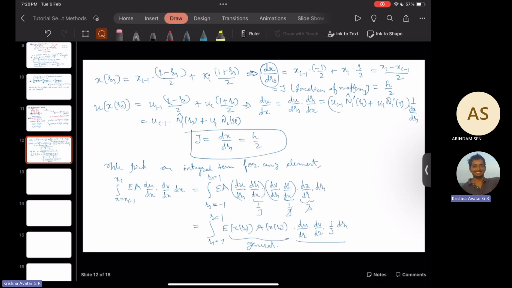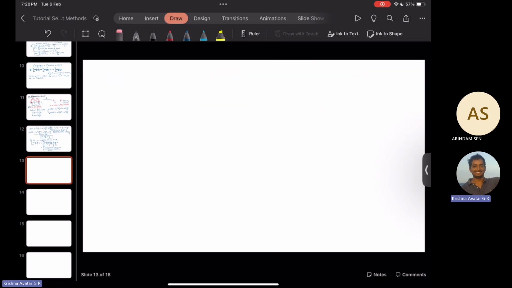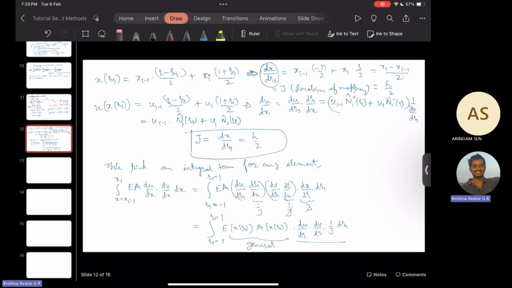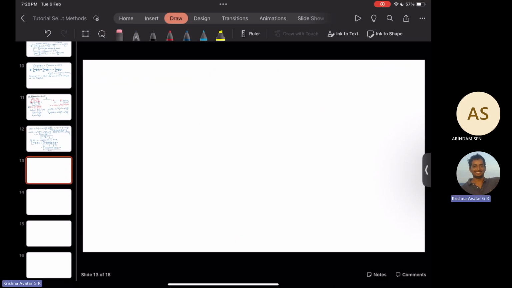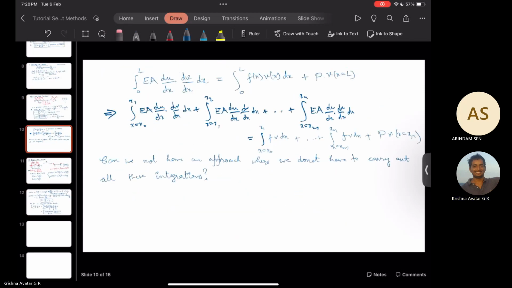Let's say if the bar happens to be such that E and A are uniform throughout, then we will definitely not have this complication. I'll still keep it general, or we can take a different path here. But first, let me collect all the terms like we had done here, and express this integral in that form.